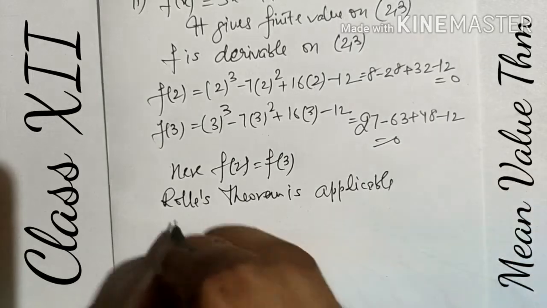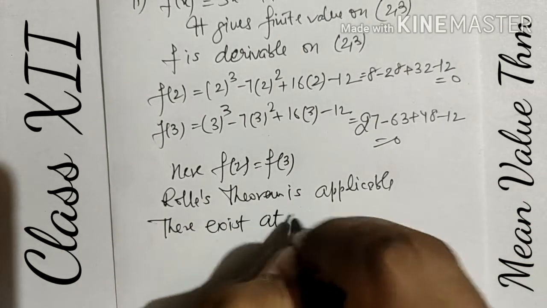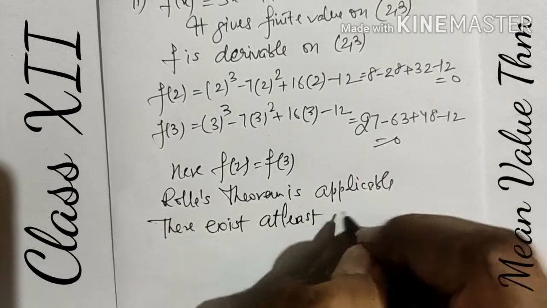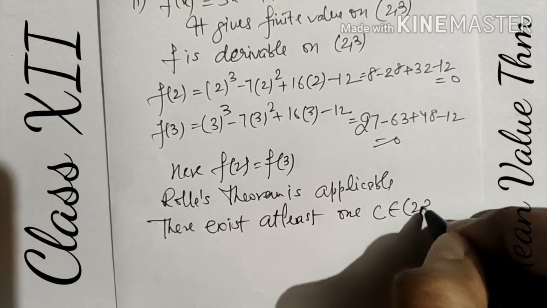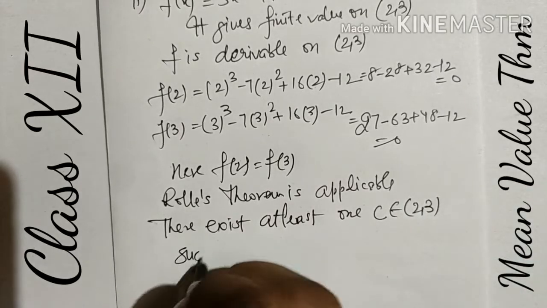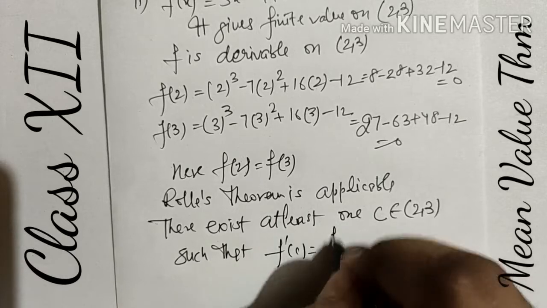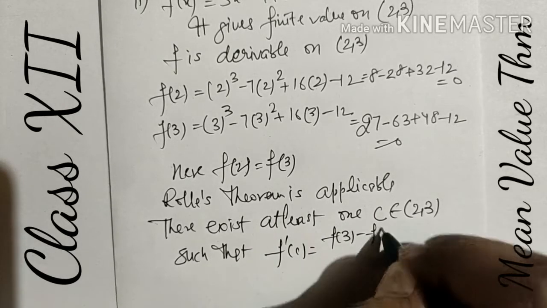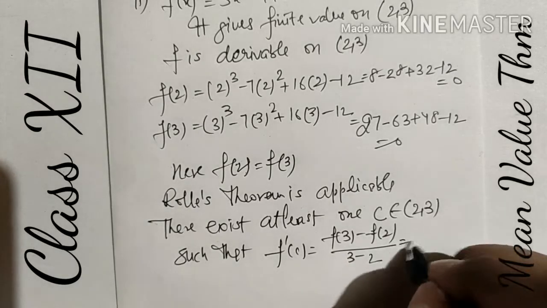Applicable, there exists at least one c belonging to the open interval such that f dash c is given by f of b minus f of a divided by b minus a.